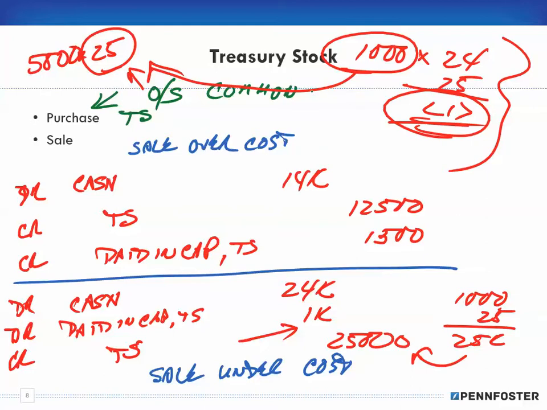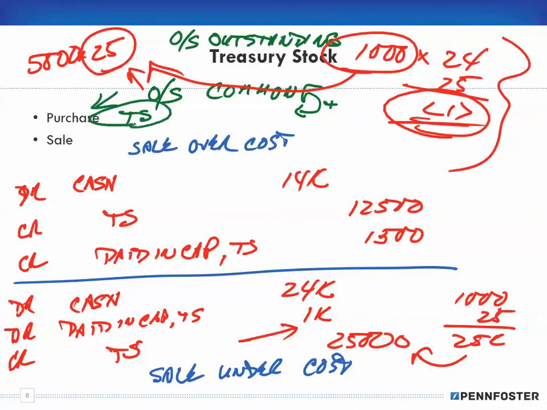So our common stock plus our treasury stock is still the number of shares that are outstanding. But now instead of having all of our stock out there on the marketplace, we've bought back some of those shares and taken them out of the marketplace, and we call that treasury stock.